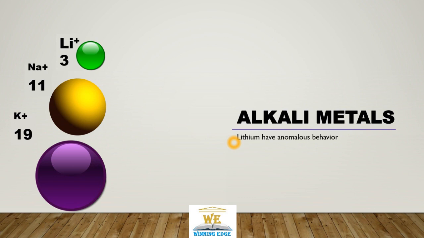First alkali metal, lithium. Lithium has certain anomalies in its behavior. As you see, it has a fairly small size, the lithium ion compared to the sodium ion and potassium ion. This anomalous behavior is attributed to its exceptionally small size.